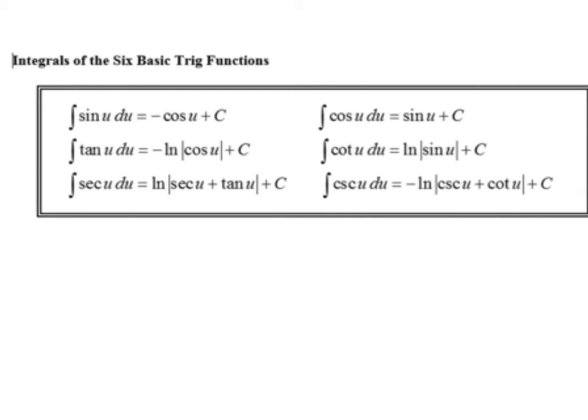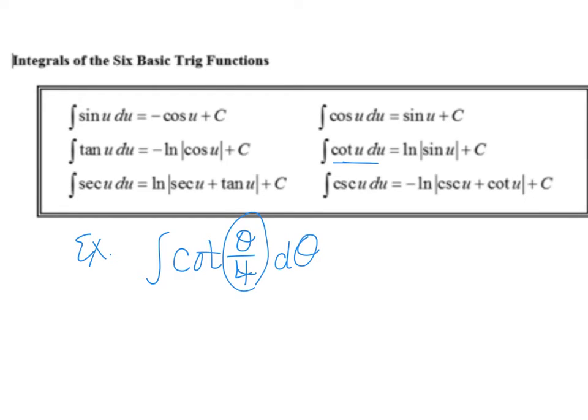Let's take the integral of the cotangent of theta divided by 4 d theta. Okay, so I'm looking on here and I see that, but I also see that that is not just u. u is theta over 4, so du would be 1/4 d theta.